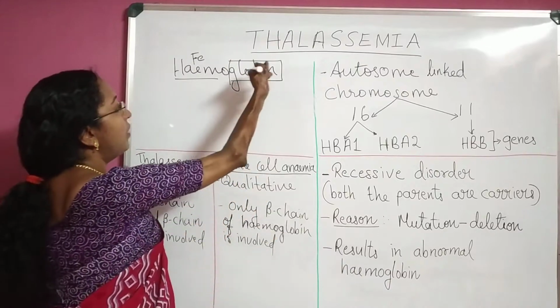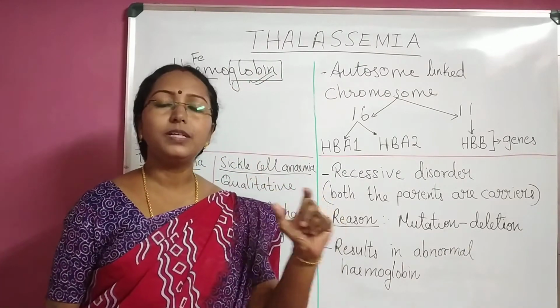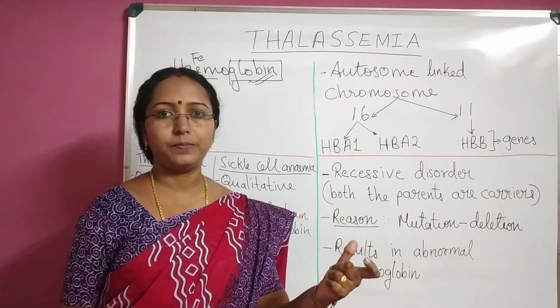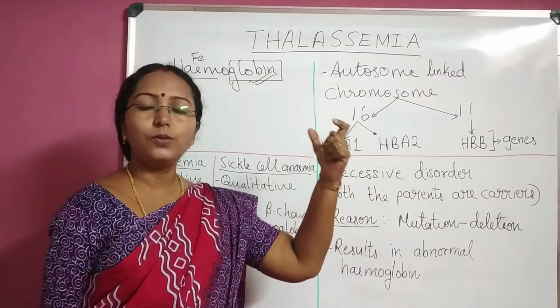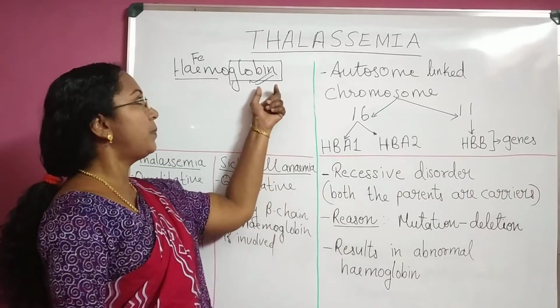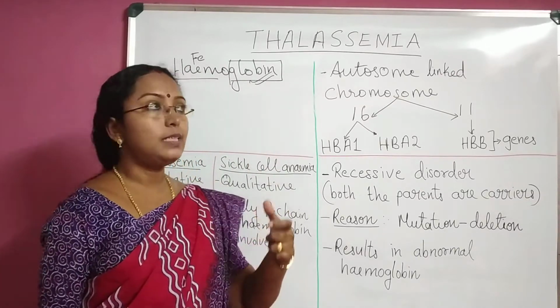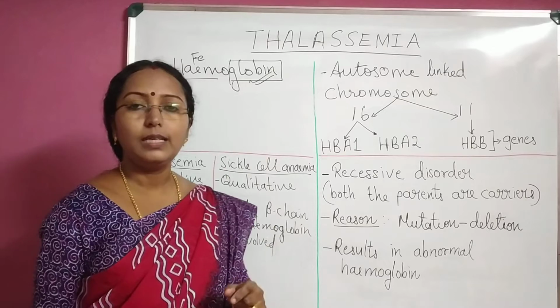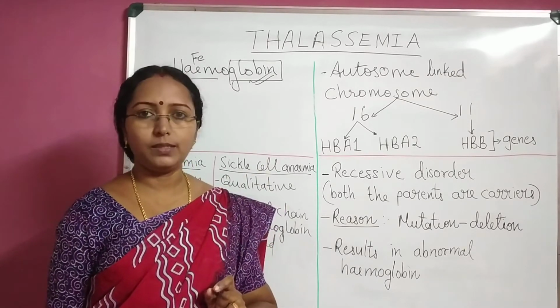Our focus is on the globin region of the hemoglobin molecule. This globin is actually a protein. As you know, every protein is synthesized from a gene. This globin protein is also synthesized from a gene. But the hemoglobin molecule is made up of two types of globin proteins.